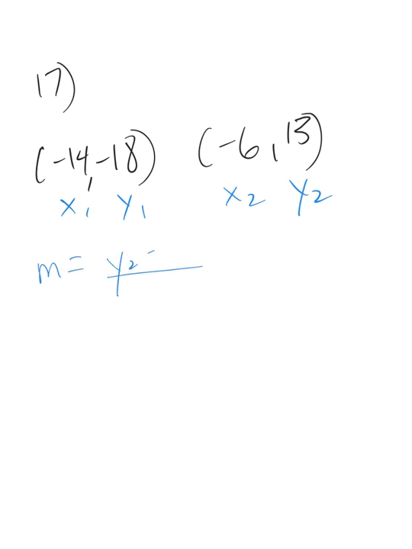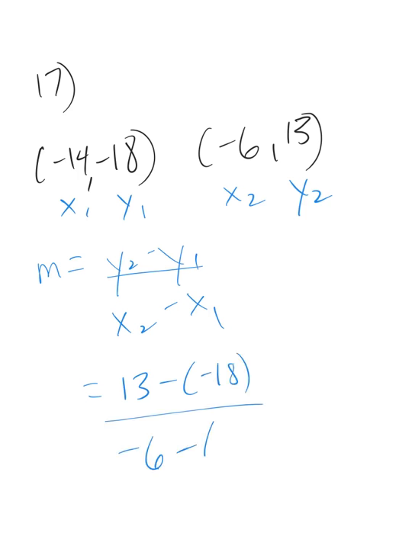This time, I'm going to do mine up here the opposite way. What's -31 over -8? It's positive 31 over 8.